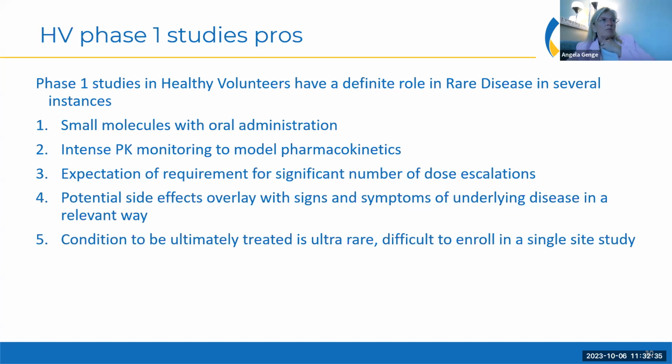The next main rationale for going with a healthy volunteer study is really if you're going to be doing frequent dose escalations and you expect to need a fair number of cohorts as you get to your maximum tolerated dose. This is actually far more difficult if you're recruiting from a rare disease population. So I think that is fairly obvious for people.